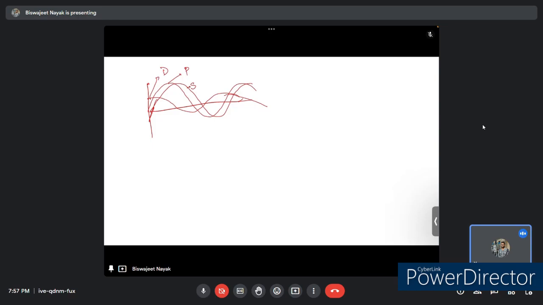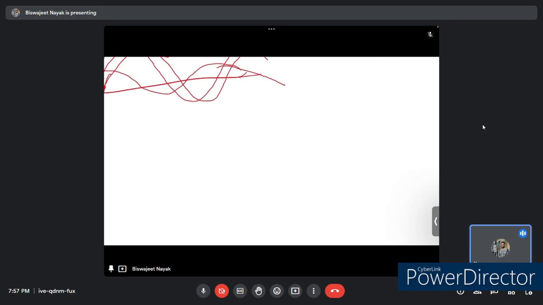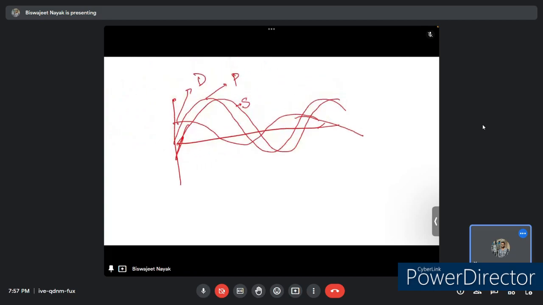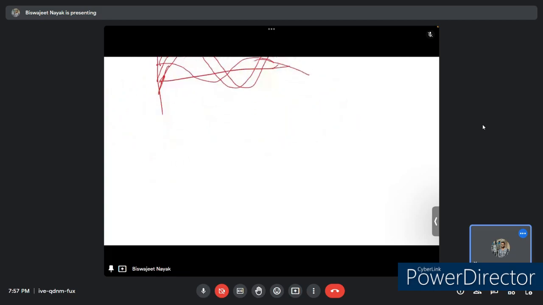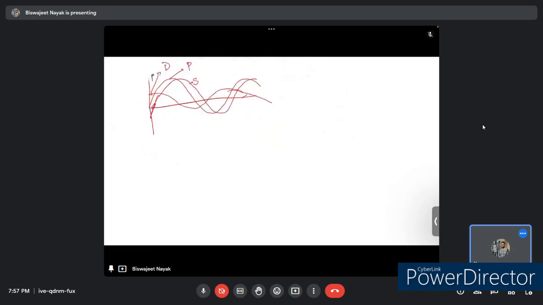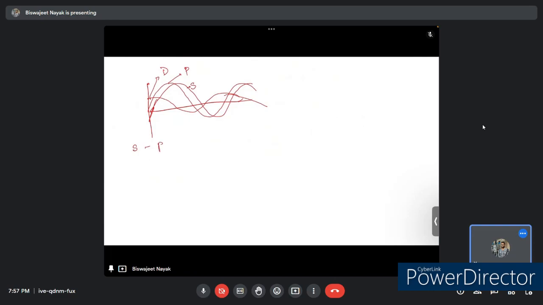The relative intensity of the S and P waves determines the visual contrast. And the D wave is not directly seen in the image.